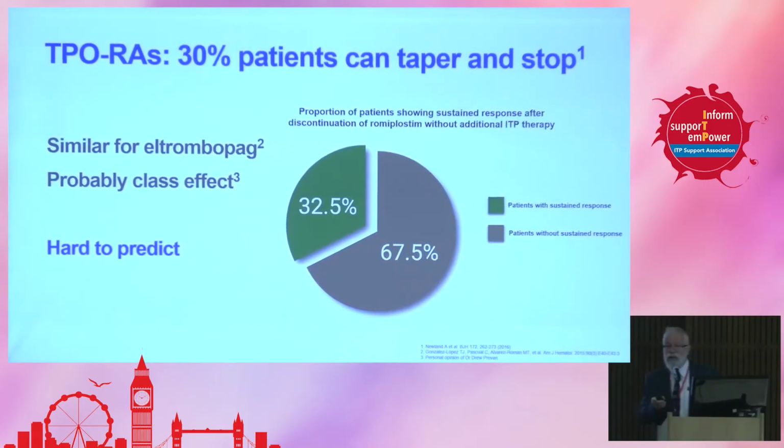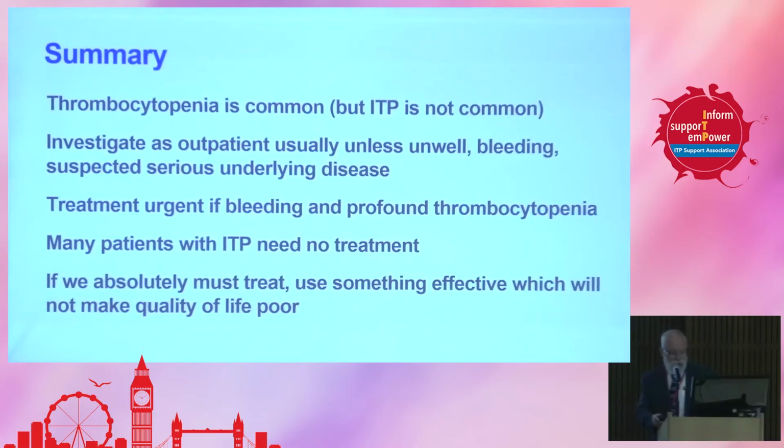And 1/3 of patients who have these TPOs, it appears, after a while, if we taper them off gently, we can get you off all therapy. That's 1/3 of patients on eltrombopag, romiplostim, probably avatrombopag too. If we wean you gently, then you will hold your platelet count. I'm not saying it'll be normal, but you'll have at least a safe platelet count on no therapy, which is quite remarkable, but it's hard to predict.